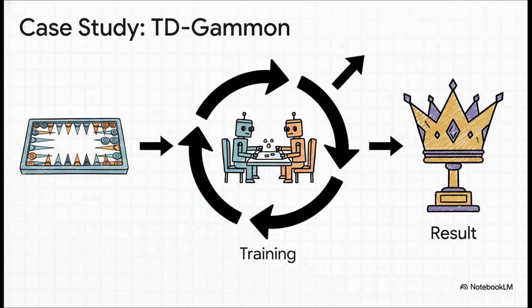But here's the absolutely wild part. They gave it almost zero human knowledge about how to play backgammon. None of the standard openings, none of the strategy. It just played millions of games against itself, learning from scratch. And the result? It got so good, it could play against the best human grandmasters in the world. This was a huge deal. It proved that an AI could reach world-class levels just by learning on its own.